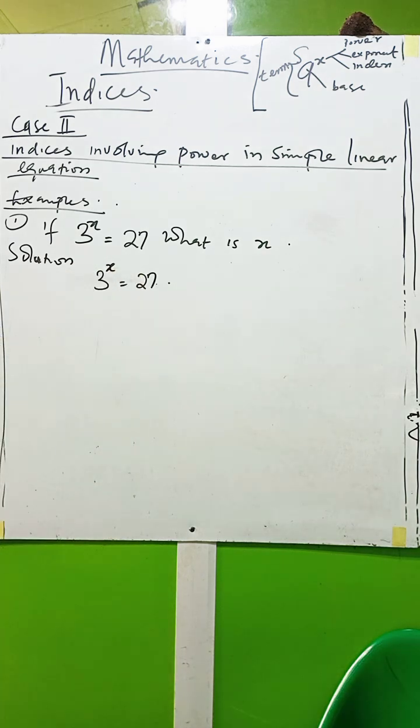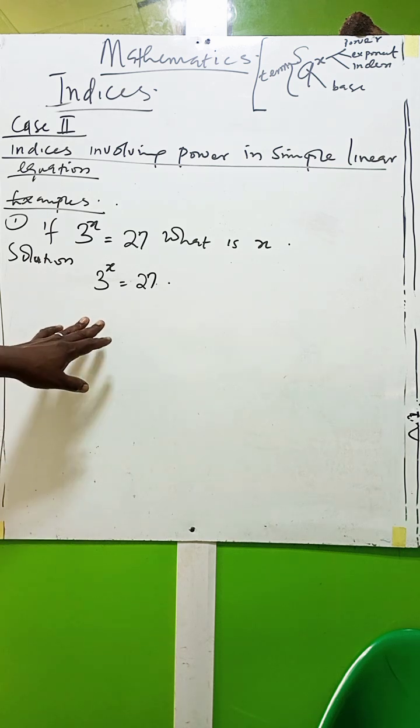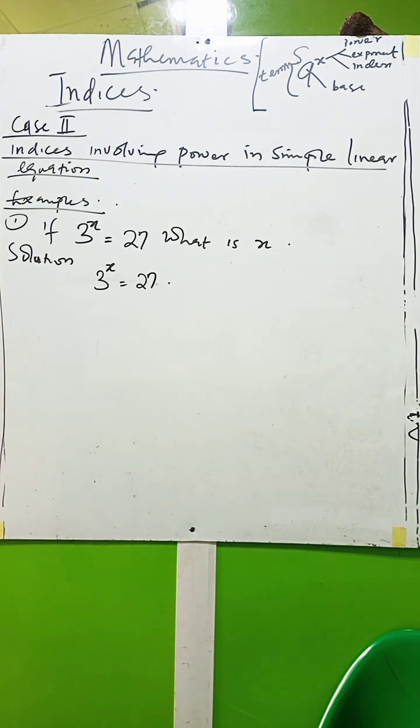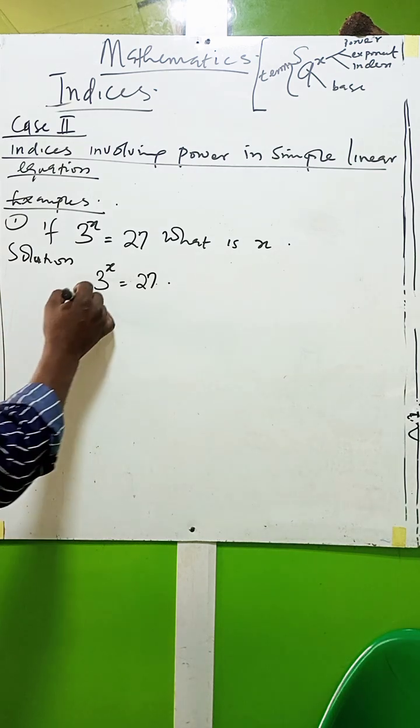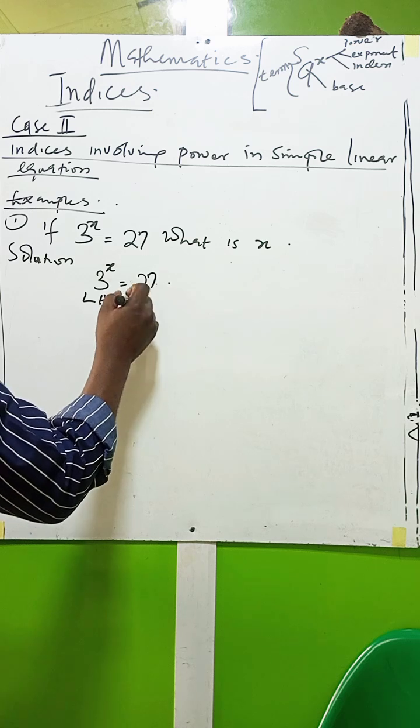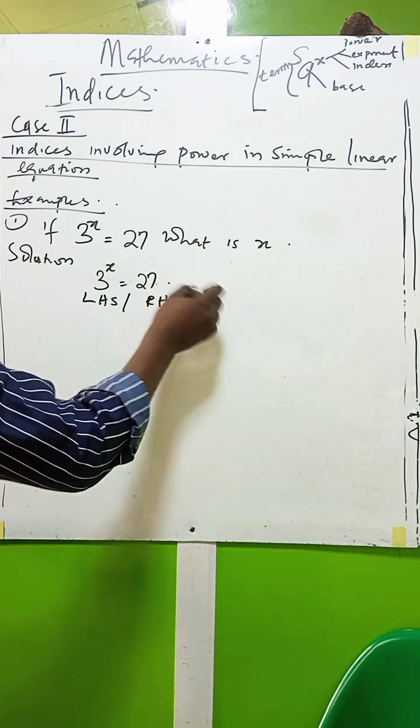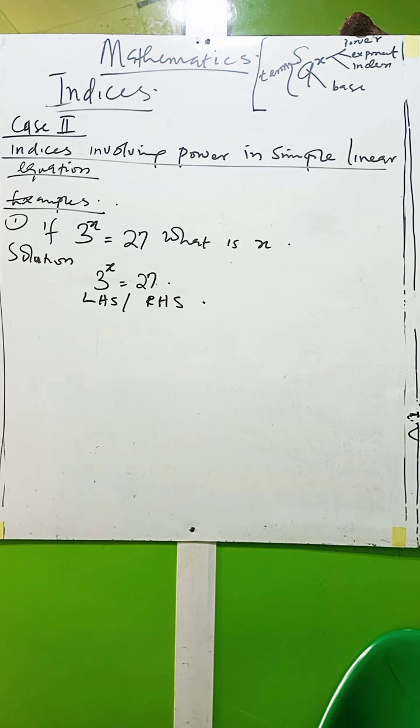When we have a problem like this, we'll have to express both sides in such a way that they will have the same base. We'll express both the left hand side and the right hand side in such a way that they will both be in the same base.